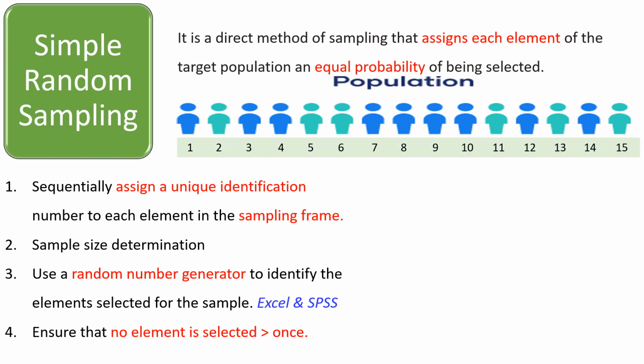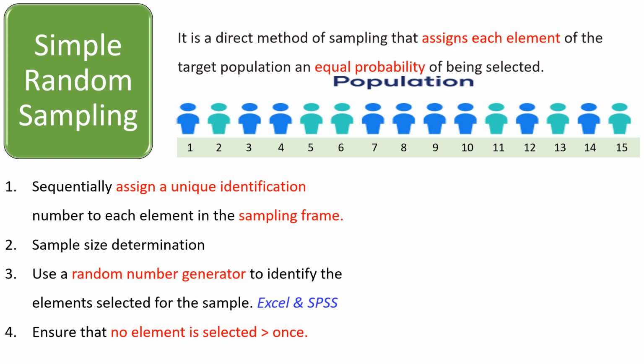After assigning the identification numbers, the second step is to determine the sample size. Let's assume that our sample size is 5. The third step is to use Excel or SPSS to generate random numbers.